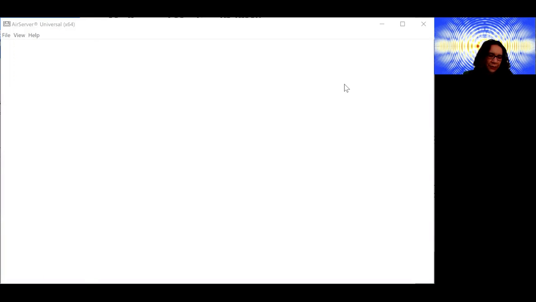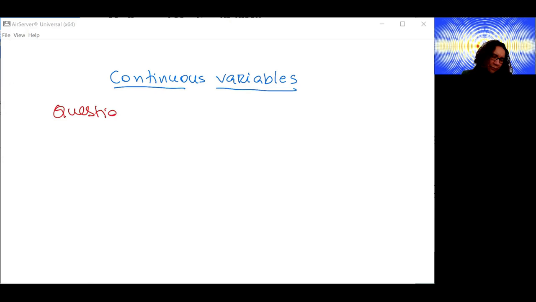Okay, so if we're dealing with continuous variables, the first question that we will ask is what changes with regard to discrete variables.